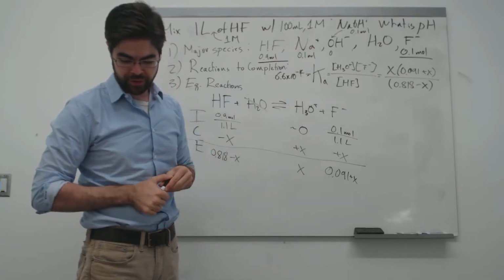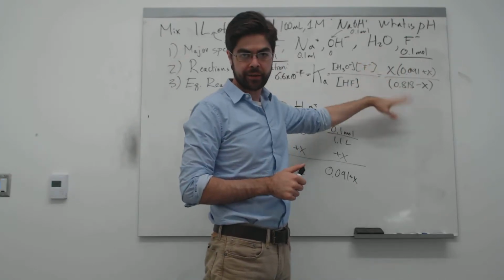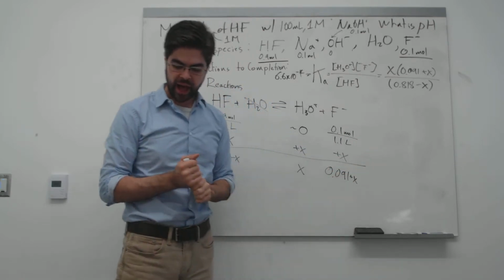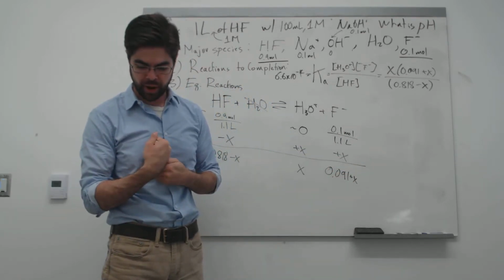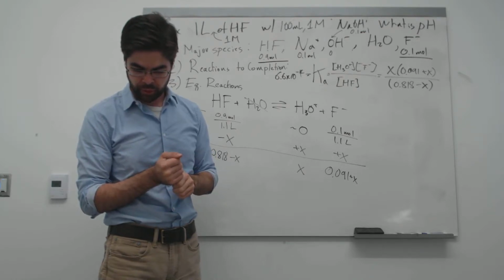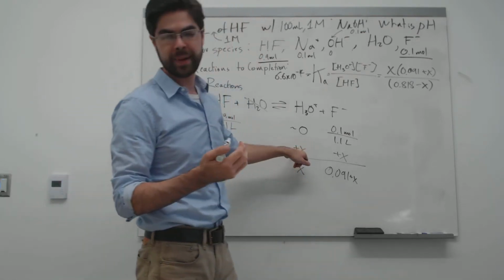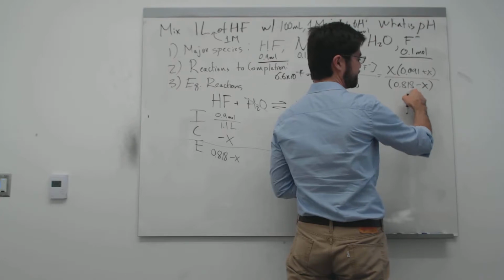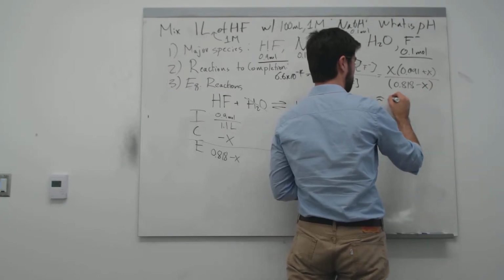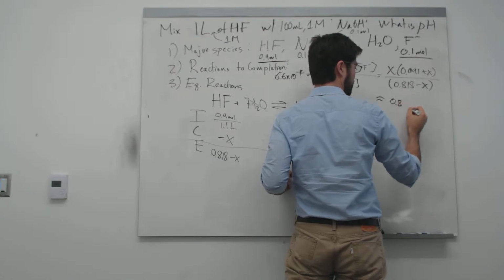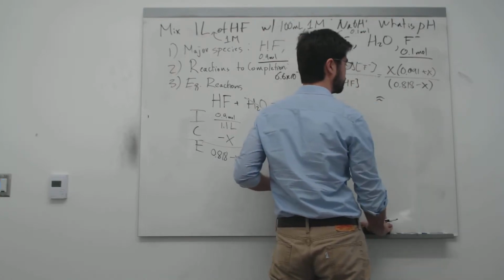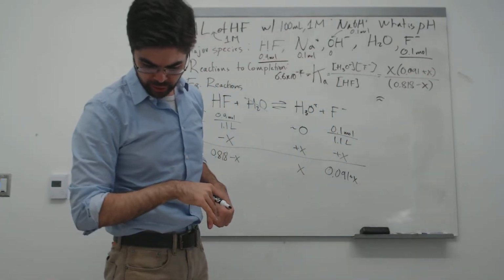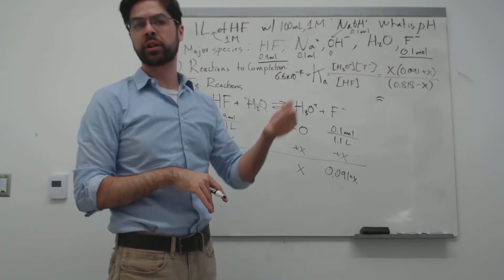If you completely multiply this equation out, you can solve it using the quadratic equation. I am going to make a few approximations here. I expect x to be quite small. So 0.818 minus something small, I'll assume that's also around 0.818. And similarly, 0.091 plus something small, I'll assume is pretty close to 0.091.